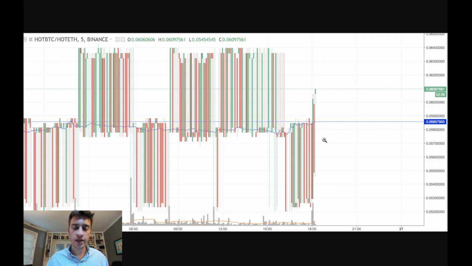But what we have here is this blue line is the actual ETH-BTC rate trading on Binance. Now what we have with these kind of janky candlesticks is the HOT-BTC rate divided by HOT-F. What this means is that if I traded in 1 Ethereum, I would receive this much Bitcoin if I arbitraged these two coins.